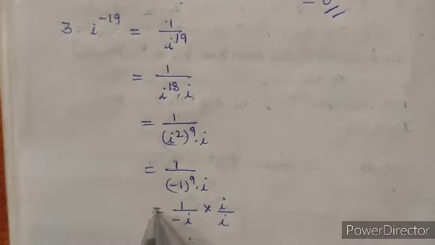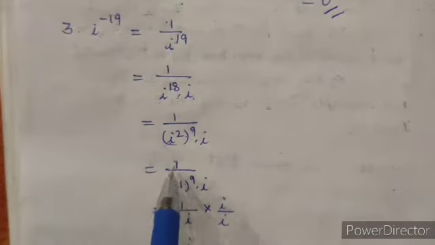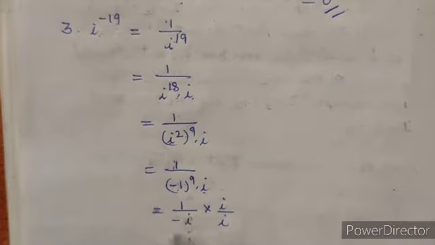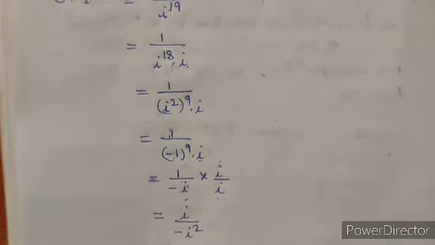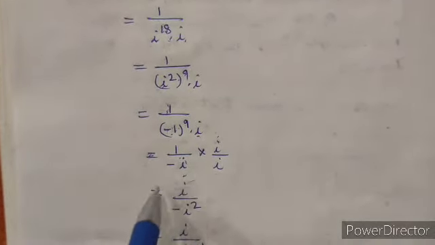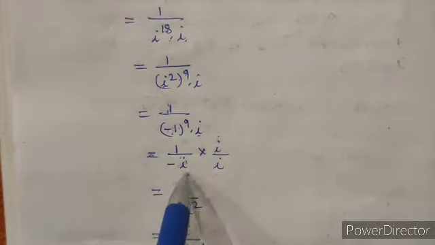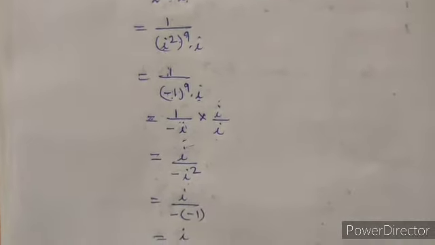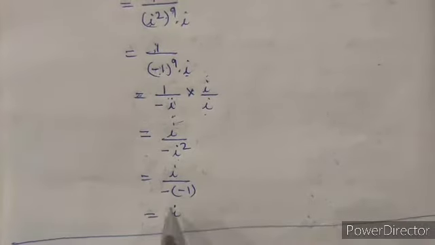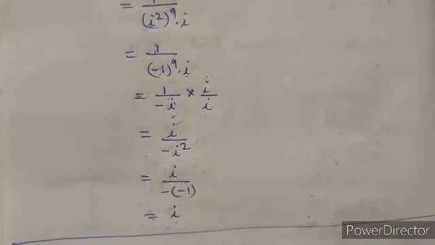Now, this will give us i raised to power 19 as minus i, so we have 1 upon minus i. Now, on rationalizing it, or on multiplying the numerator and denominator by i, it will be equal to minus i upon i square. As you know again, i square is equal to minus 1. So, it will be equal to i.